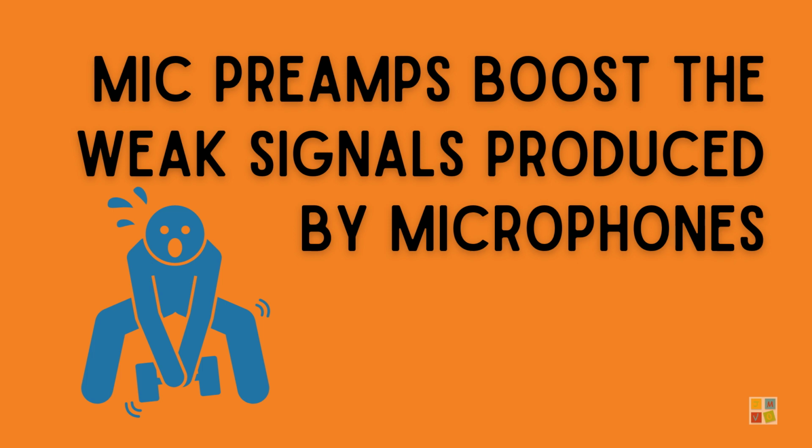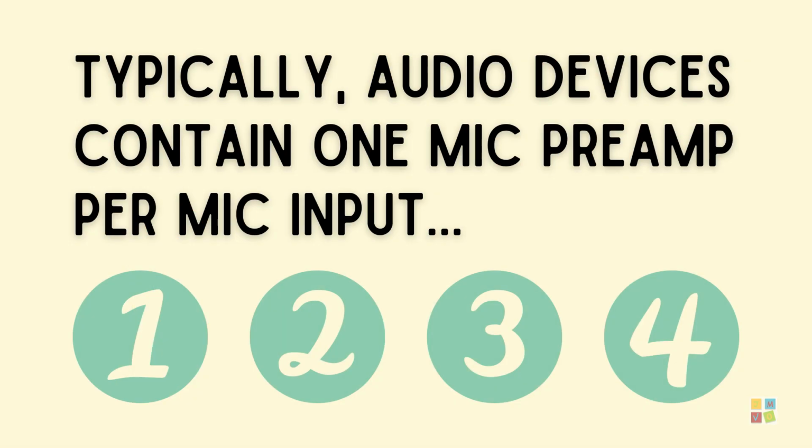Now, most microphones produce weak signals that need to be boosted to levels used by recording equipment and software, and that's the job of the microphone preamp or mic pre. As such, most audio input devices will contain at least one mic pre. So, for example, the Focusrite audio device I use has 2 microphone preamps, one for each of its 2 microphone inputs.